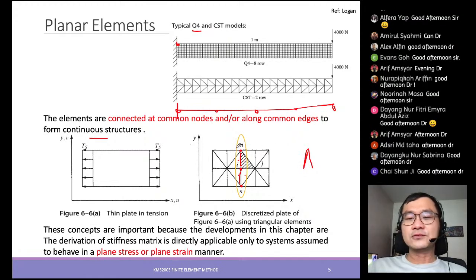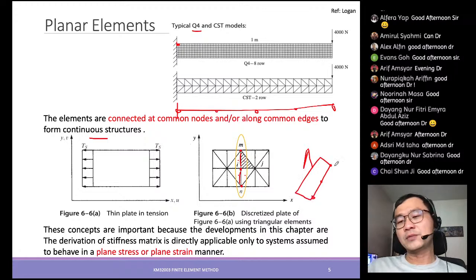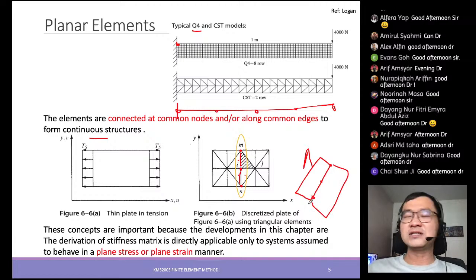So again, very important is that whenever you use FEA software itself, it actually has a function called merging of nodes. Sometimes when you create a model, you may have 2 different models. Sometimes the models will have maybe 0.01 millimeter difference, but when they create the models, they may have different nodes.